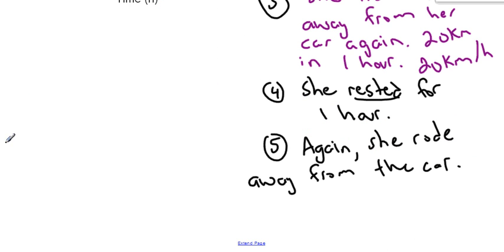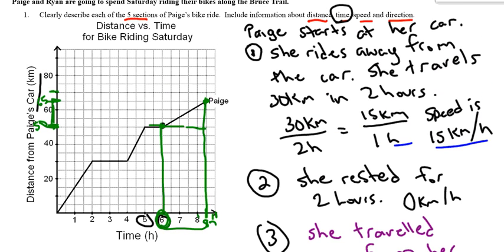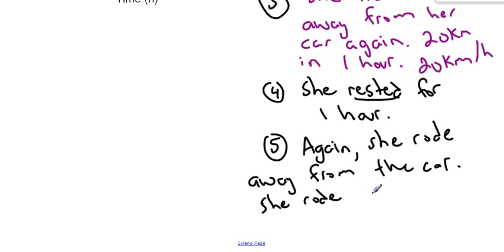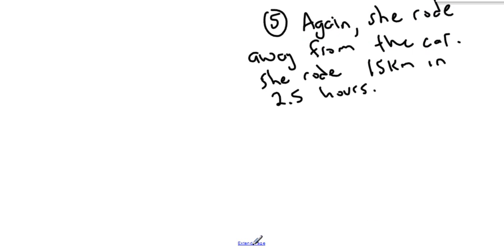So let's see if I can remember that as I scroll down. Oh, no, as I thought, I forgot. So it's from 50 to 65, so 15 kilometers in 2.5 hours. So I've got distance and time, and now we need to turn that into speed.